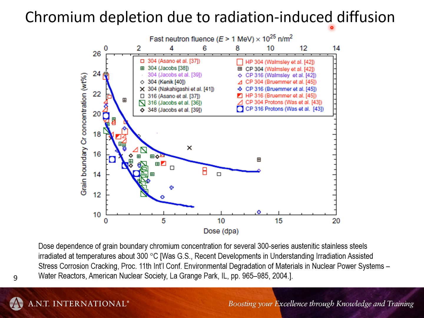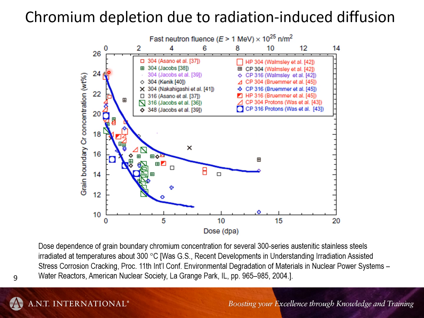And he's talking about steels which, judging by the chromium composition here at the beginning of irradiation, presumably we're looking at basically a non-heat treated condition. So basically it's solution annealed in many cases.